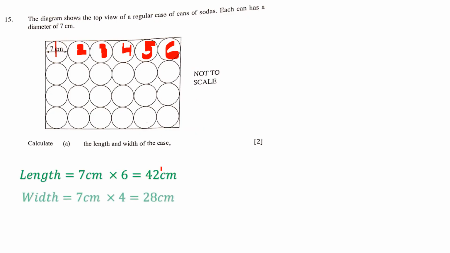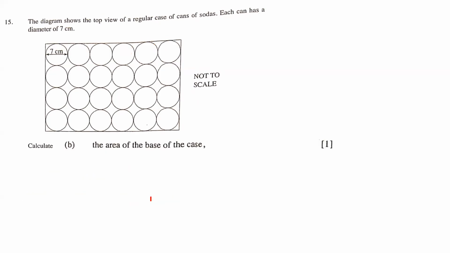Now the width is calculated in the same manner. That's 7 times 4. This is 1, this is 2, this is 3, and this is 4. So it's 28 centimeters. The length is 42 centimeters and the width is 28 centimeters.